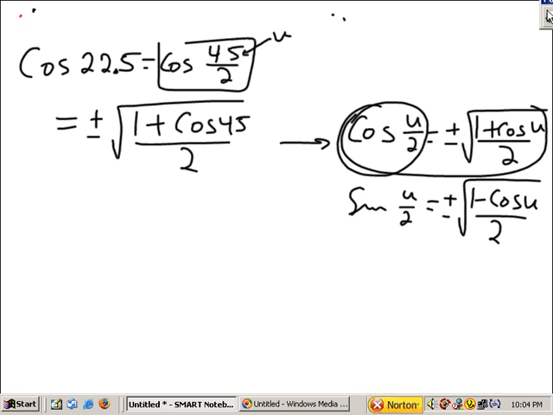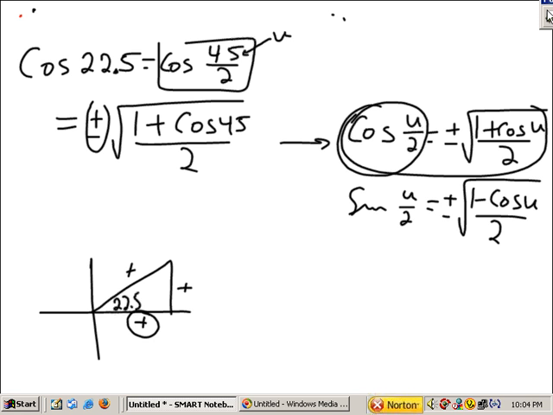Now, before we go any further, we have to decide if it's plus or minus. Well, 22.5 degrees is in quadrant 1. Everything is positive in quadrant 1. In particular, the adjacent and the hypotenuse are positive. Positive over positive is positive.